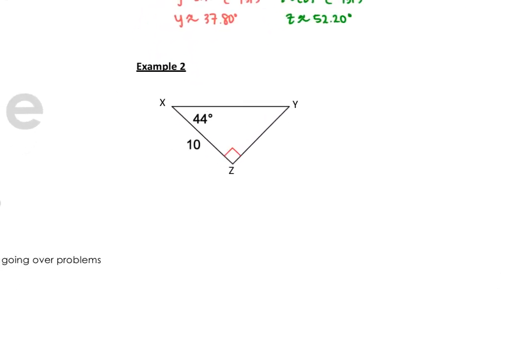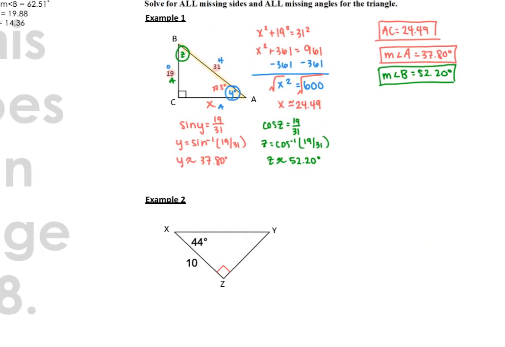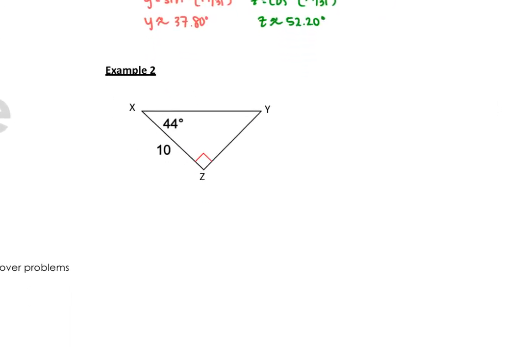So example 2 is a little bit different because in this problem we're given a side and an angle instead of the previous one, in which we were given 2 sides. So for this one, the first thing you're going to want to solve for is actually the missing angle. So we're going to solve for angle y, and we can do this by using triangle sum theorem. So we have 44, we have 90.